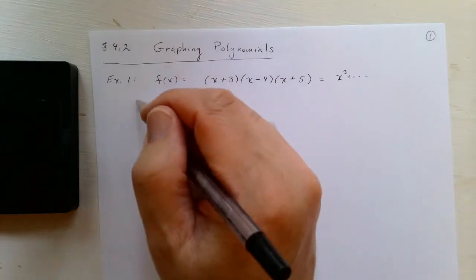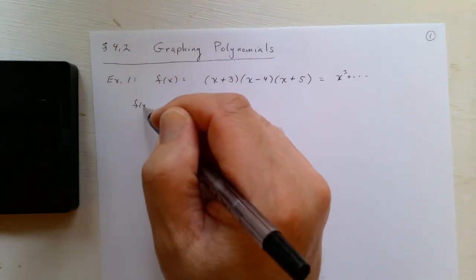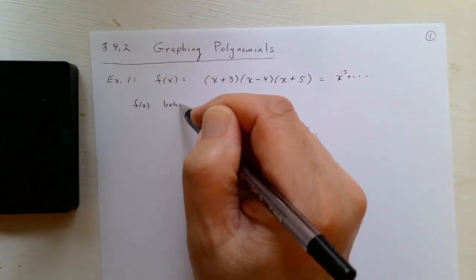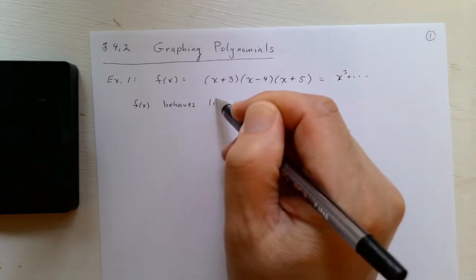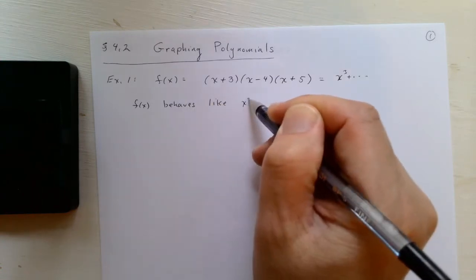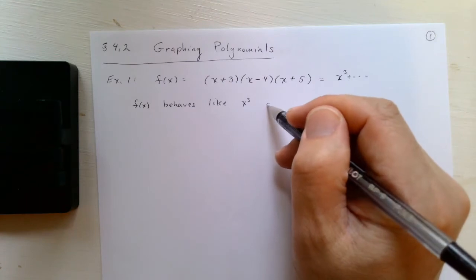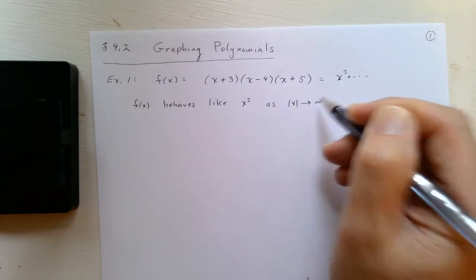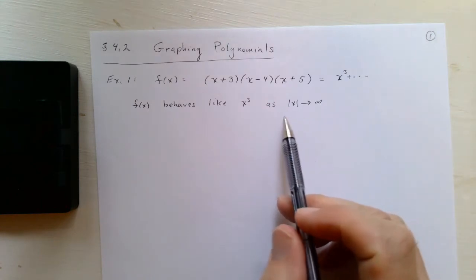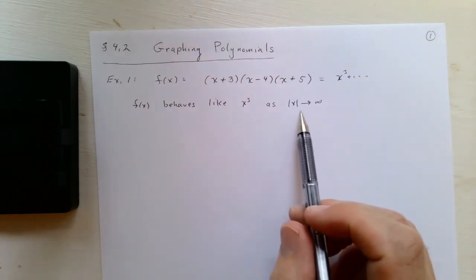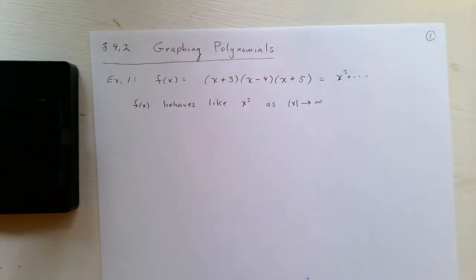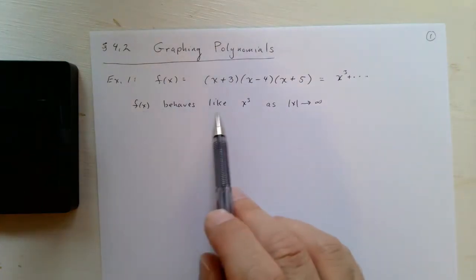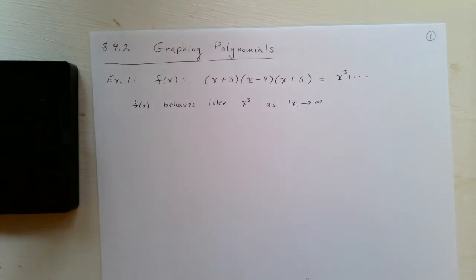And that means that f of x behaves like x cubed as, let's say, the absolute value of x goes to infinity. We're just using this because that's saying when x gets large in either the positive or the negative direction. And behaves like, we're talking about the graph of f behaves like the graph of x cubed.